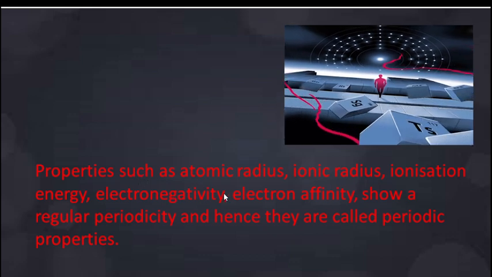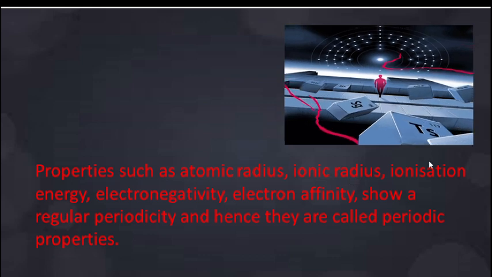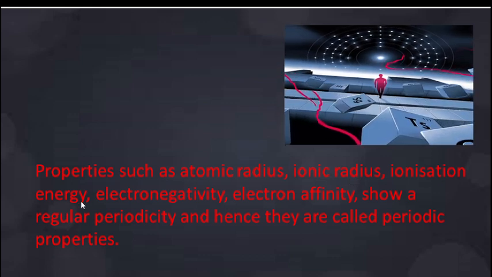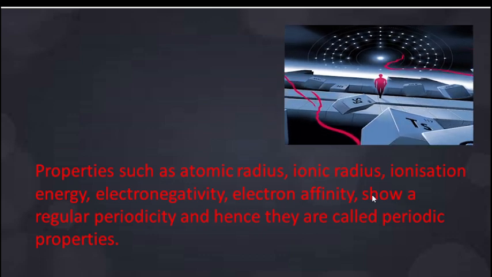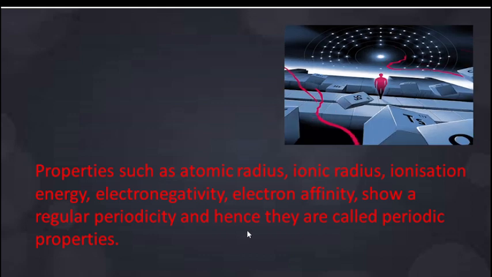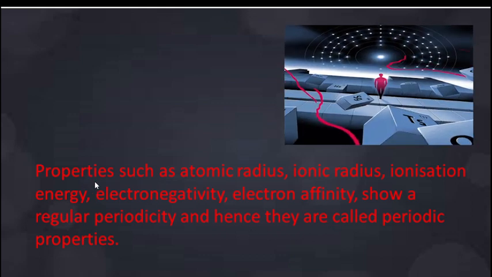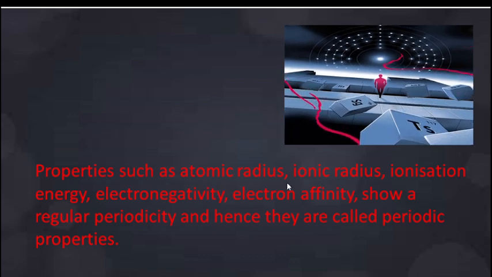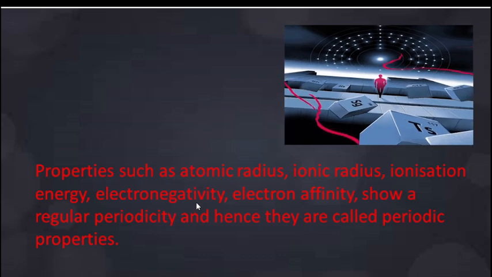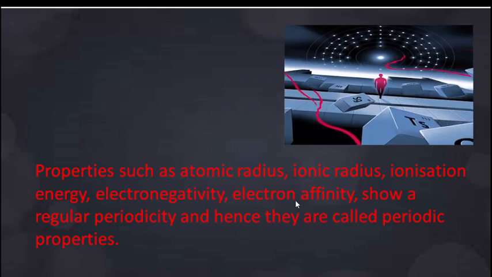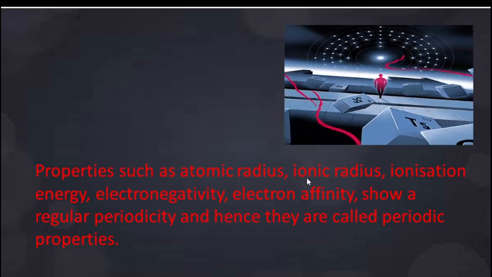Properties such as atomic radius, ionic radius, ionization energy, electronegativity, and electron affinity show a regular periodicity, and hence they are called periodic properties of the elements.